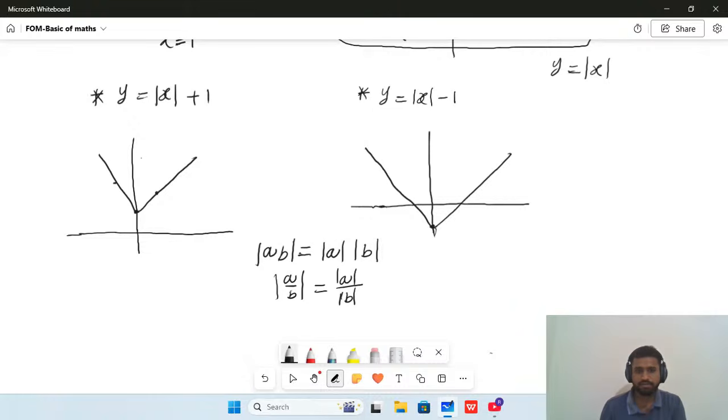Modulus of xy can be written as mod x mod y, and modulus of x by y can be written as mod x divided by mod y. So till now, if you have any doubts, you can ask in the comment section.